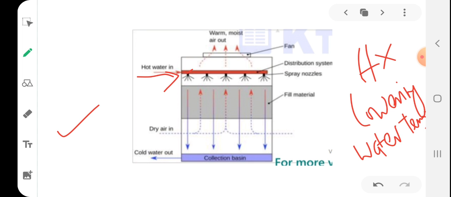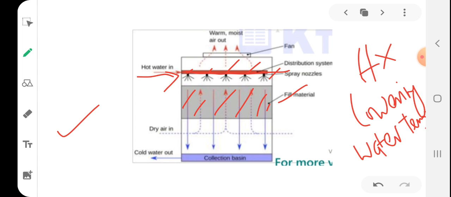The cooling tower has numerous nozzles. You can see spray nozzles which are connected to a distribution system. When it comes out through the nozzle, the water will be in spray form, right? These cooling tower nozzles are used to spray the water onto some film media. This media is known as film material or film media.